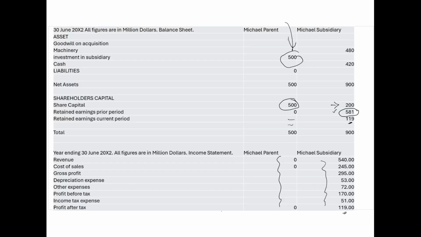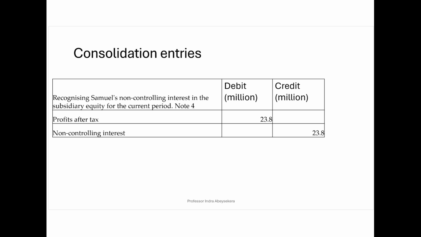Take 119 million into 20%, 23.8 million. So we take that off from the profit after tax, and then we transfer that into Michael's non-controlling interest.